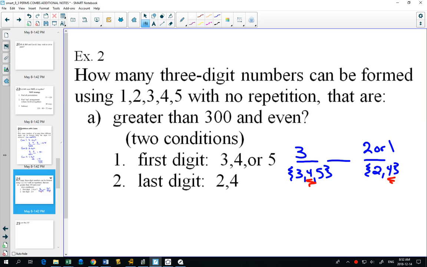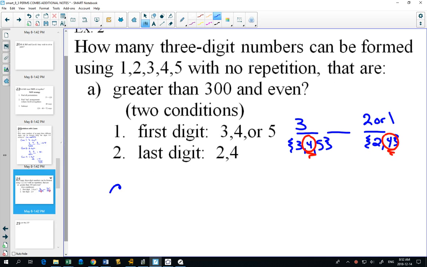But I don't know if I picked the 4 or not. That's a problem. So what we do is when we have 2 restrictions and there's something that overlaps in those restrictions. The 4 is in both of those restrictions, causing us a problem. When that's the case, then we use cases.